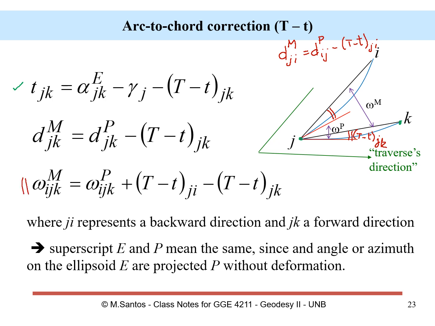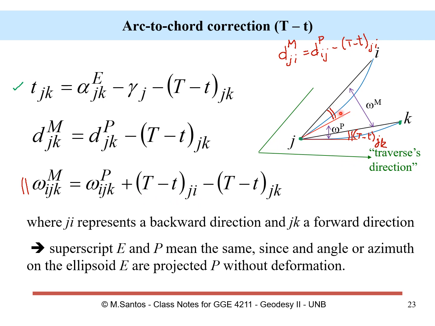Well, we are going to subtract both directions. So this is the angle measured, omega p projected between I, J, and K, the angle measured, plus T minus t JI.